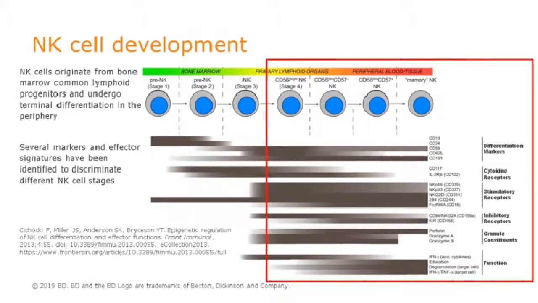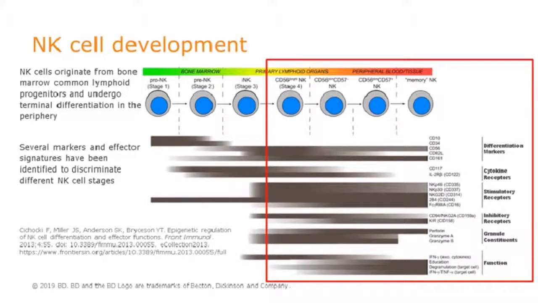For today's webinar, we're going to focus primarily on the mature NK cells. They're present in the peripheral blood, and in the peripheral blood we find two major subsets of NK cells. The majority of NK cells in the blood, roughly 90%, are mature NK cells, which express a dim level of CD56, and they do express the marker CD16.